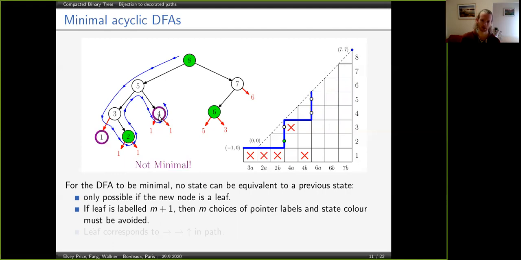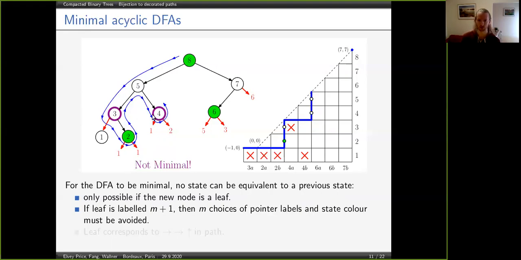For example, if we make these 2 pointers 1s, then this would be an exact copy of this state. If we do it like this, we'd be exactly copying this state. And if we do it like this, with a 1 and a 2, then we'd be exactly copying this state. That would mean the DFA wasn't minimal, because we could merge the 4 and 3 and create a DFA which accepted the same language.